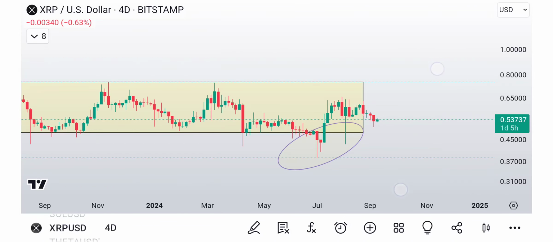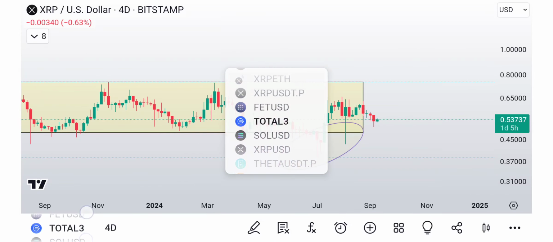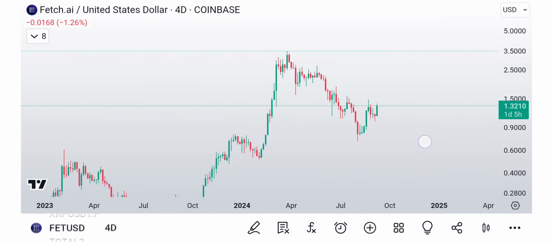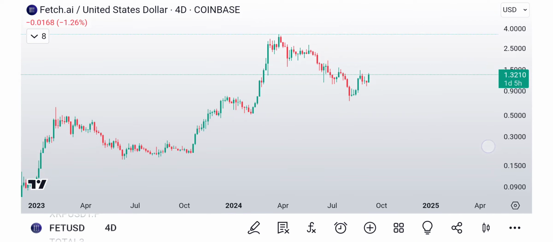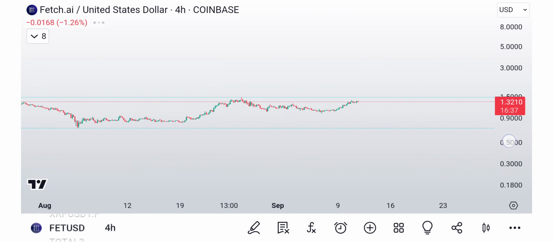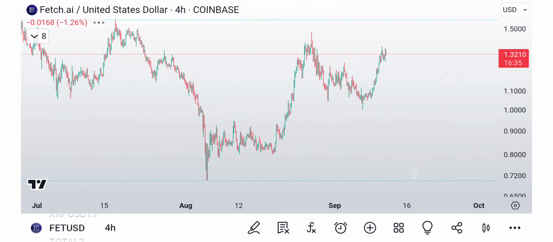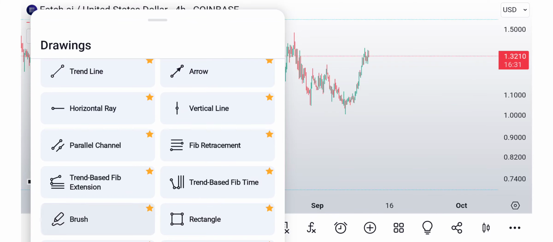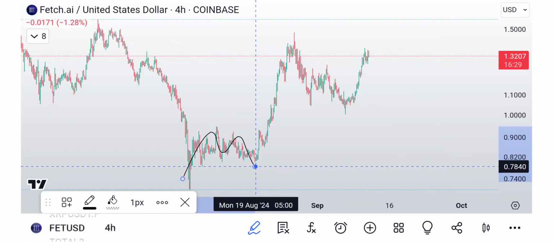But while all that's going on, I'm just waiting for XRP. I think XRP is doing really well. Now Fetch is too. Right? When we looked at Fetch on the smaller time frame, I mean, look at that. That was a textbook three-wave pullback. We came up, three-wave pullback.